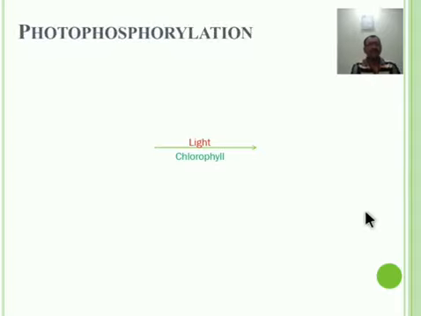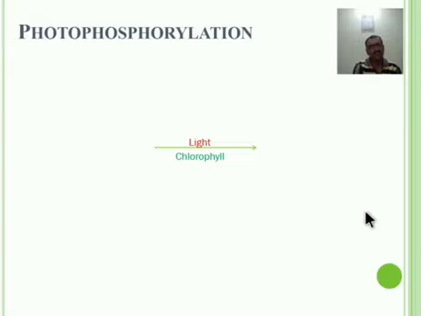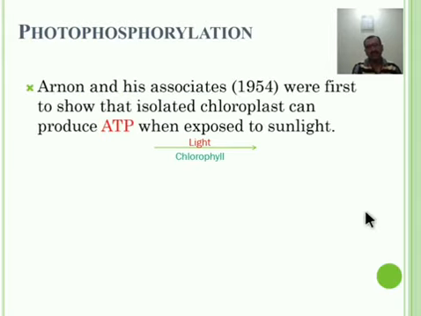Our next part is the photophosphorylation. First, let us know about phosphorylation. Phosphorylation is a chemical process by which a phosphate group is added to an acceptor molecule. In photosynthesis, ATP molecules are generated by the phosphorylation of ADP molecules.